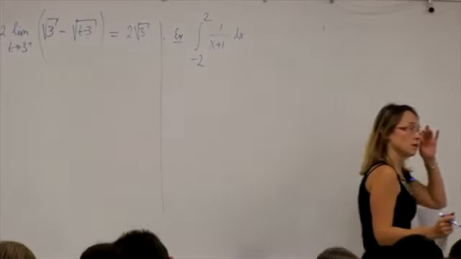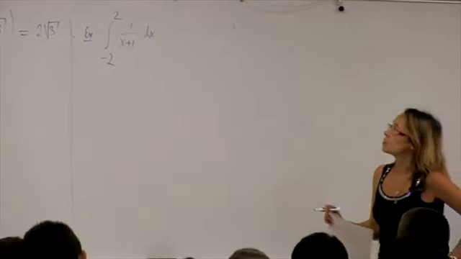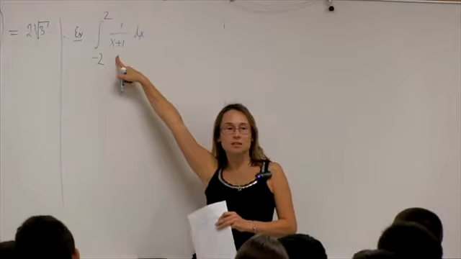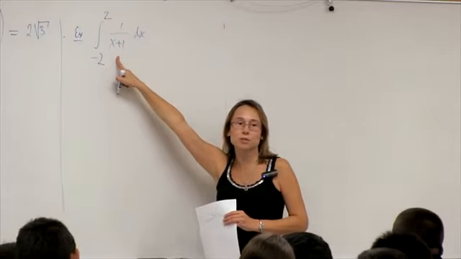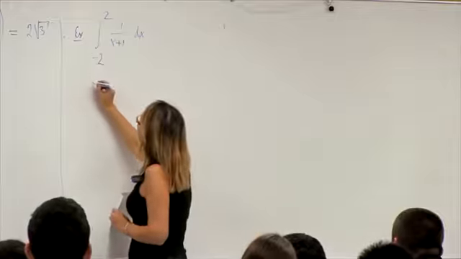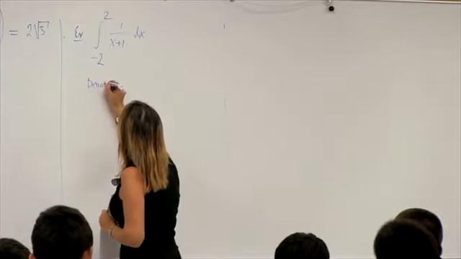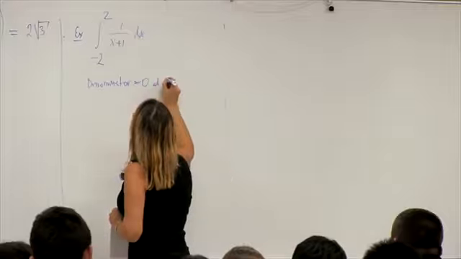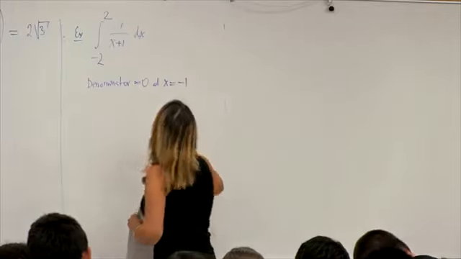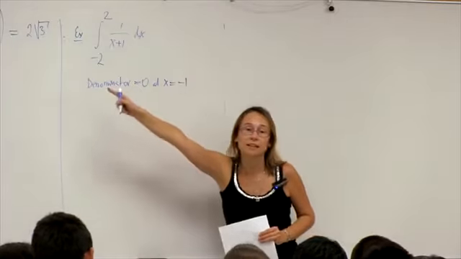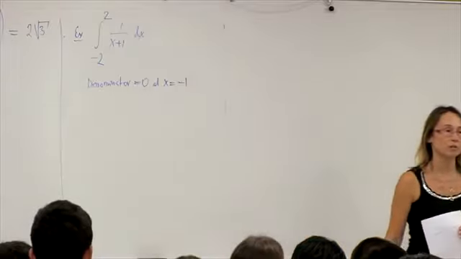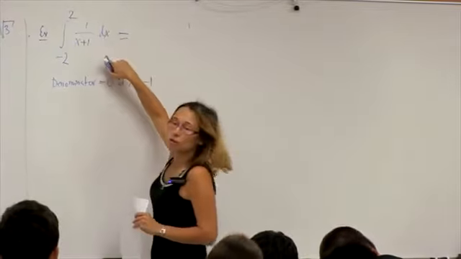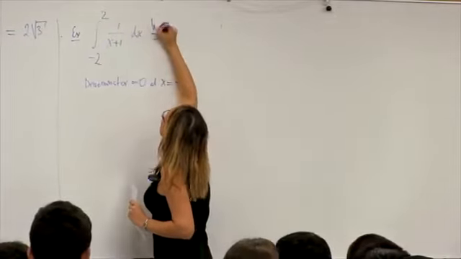So what's wrong with this one? It has a denominator that turns into 0. The denominator equals 0 at x equals -1. So inside the range of integration, we have a discontinuity. Let me first do this in the wrong way. This is wrong.